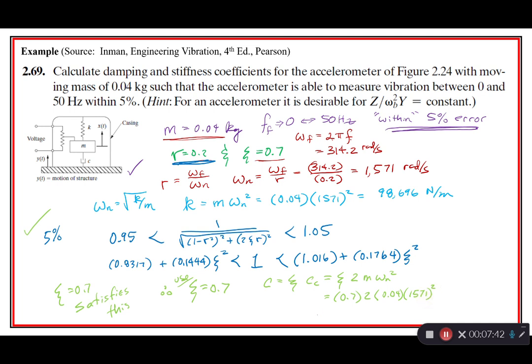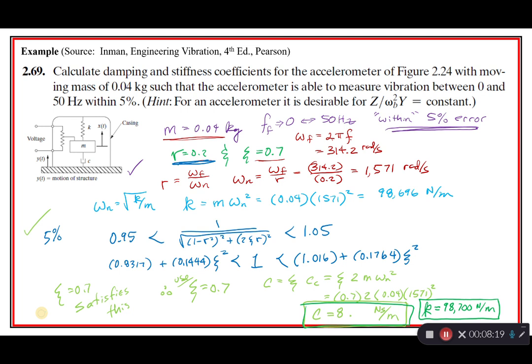So we have C equal to 87.98 newton seconds per meter. And I feel like I got ripped off, because what the heck? I also didn't rewrite out my k. I should rewrite these things at the end, but my k is 98,700. No reason to go more than 3 significant figures in these solutions, so let's make C 88.